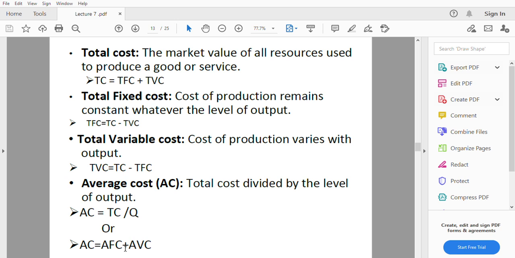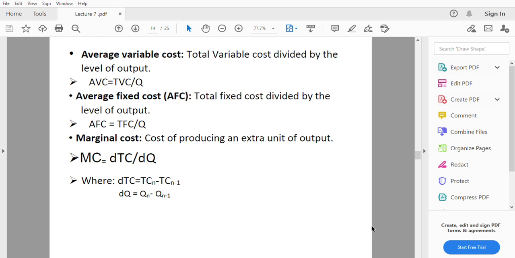So since we can have average fixed cost and average variable cost, average cost can also be termed as average fixed cost plus average variable cost. Great. So the average variable cost, as I mentioned, is total variable cost divided by quantity. Average fixed cost is total fixed cost divided by quantity.